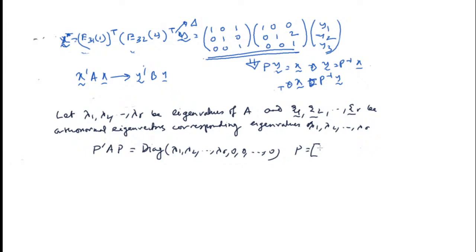This matrix, not necessarily, maybe 0 may not be 0, whatever that is, but we can always get non-null eigenvectors, and these are orthonormal eigenvectors.